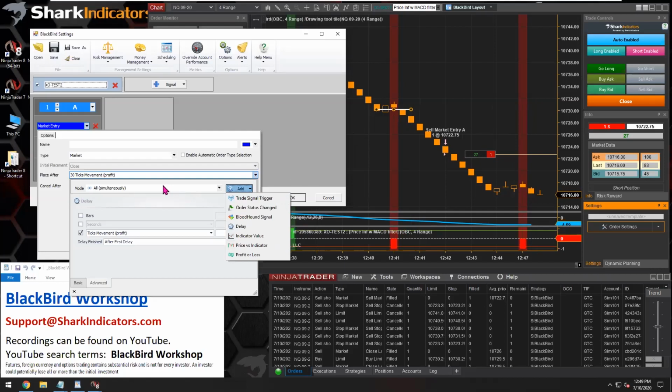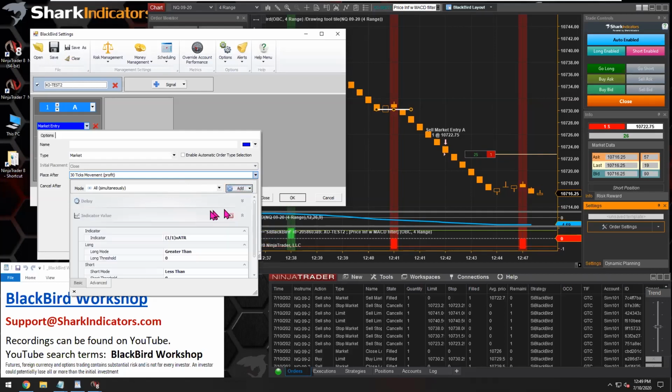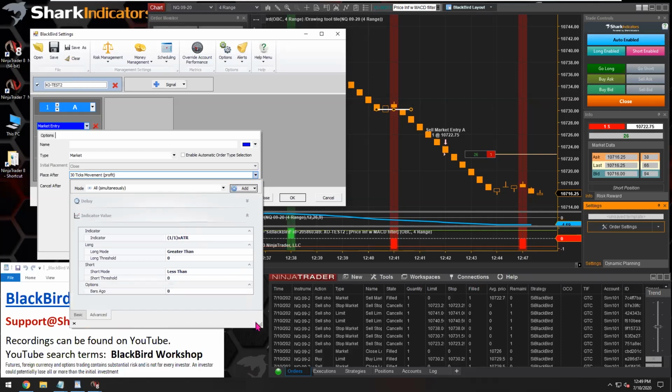Of course, you could build that volatility requirement into your bloodhound signals, but let's say you come up with a generic bloodhound signal, and then with BlackBird you could use the indicator value condition here and say, I only want this entry order to be placed after the ATR is greater than 0.75, right?